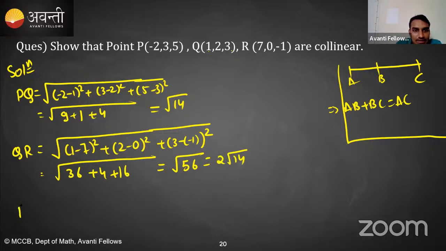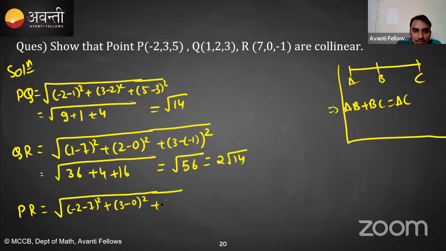Then let's find PR distance also. PR distance कितना है? Distance between coordinates P and R. So (-2 minus 7) whole square plus (3 minus 0) whole square plus (5 minus of -1) whole square. कितना आ गया?